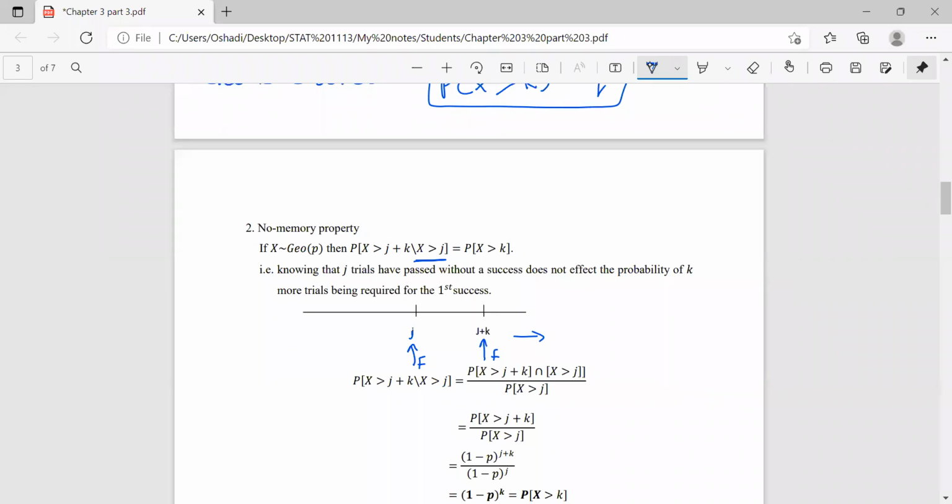It is called the no memory property. It means it does not keep a memory of the earlier successes or failures. That is why it is called the no memory property. That is, knowing that J trials have passed without a success does not affect the probability of K more trials being required for the first success.